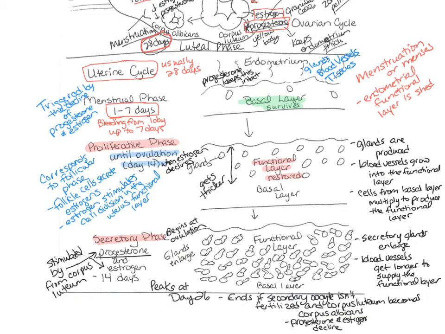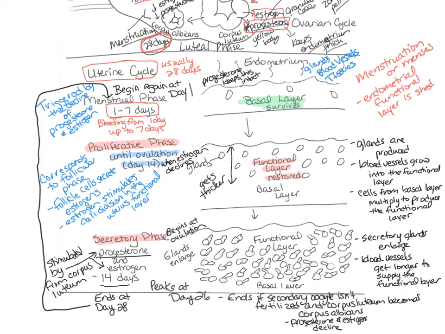As those two hormones decline, the glandular activity in that functional layer declines, and then the uterine cycle ends at day 28, and a new cycle will begin the next day on day 1 with menses. The whole secretory phase lasts about 14 days.